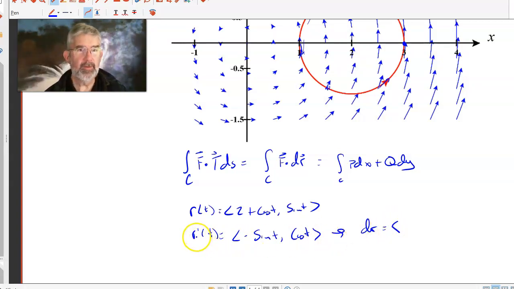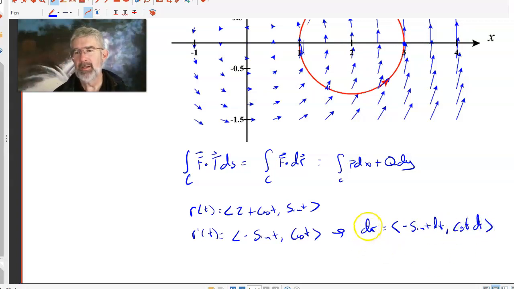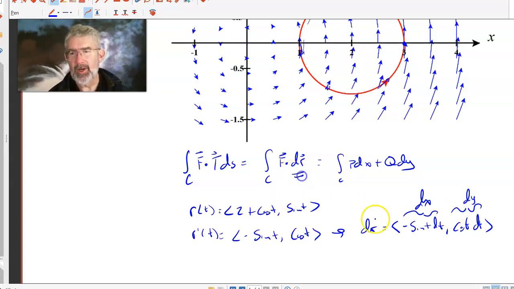Because this is essentially dr/dt, multiply both sides by dt. So this is (minus sine t dt, cosine t dt). And this part right here is the dx, and this part right there is the dy. I'm thinking in terms of all these different formulas, right? This dr is all of that stuff, but this dx is just the first component, and this dy is just the second component of that.